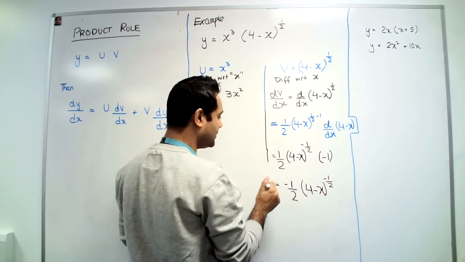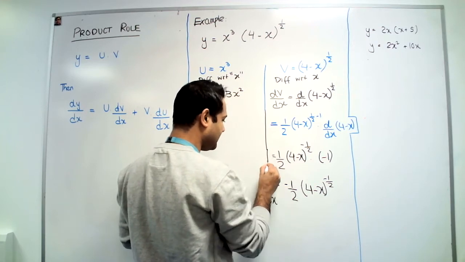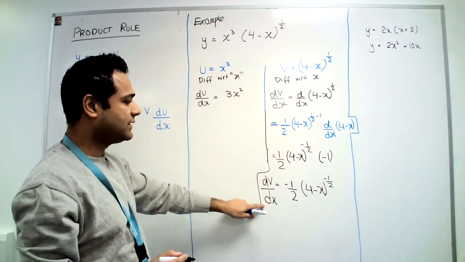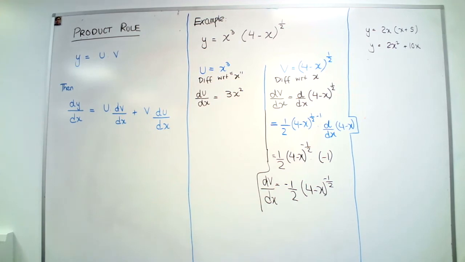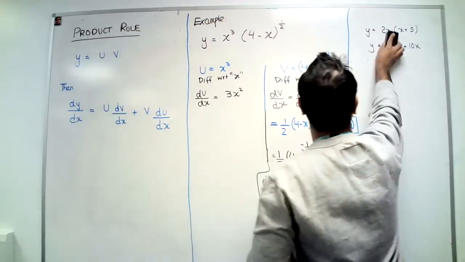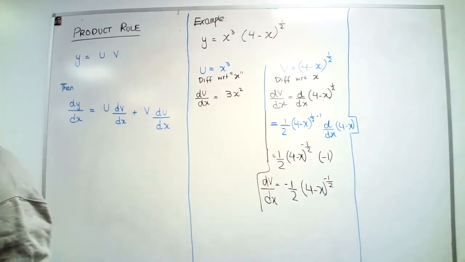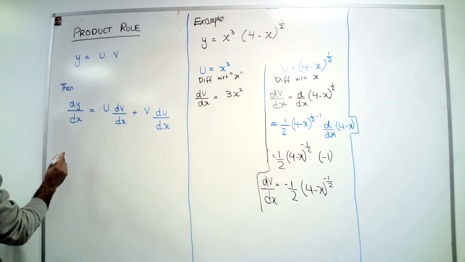Now this is your dv over dx. You have du over dx, you have dv over dx. Now the next thing you need to do is put it in this formula.